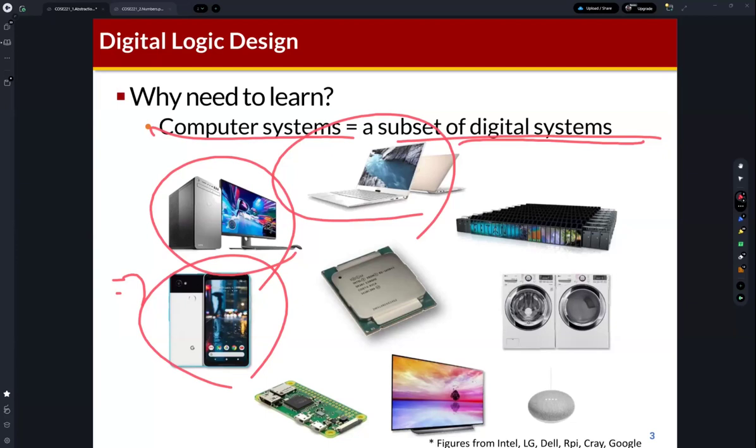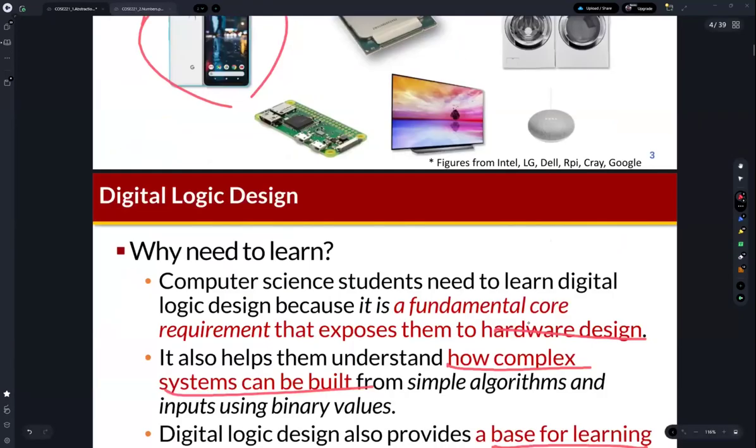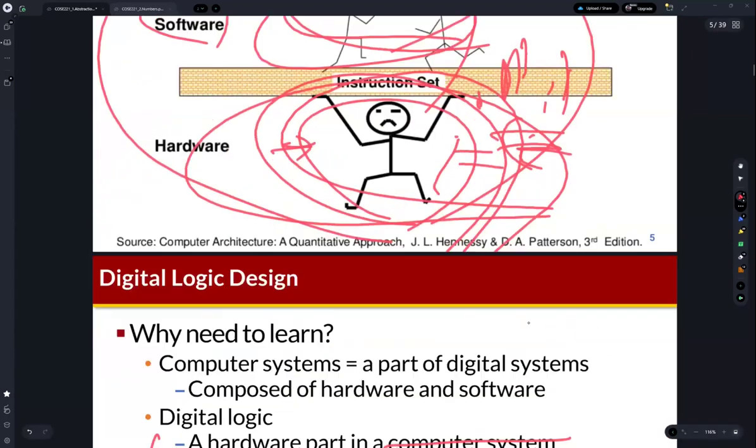And these processors are also digital devices. It means CPUs or GPUs handle digital signals, right? So that's why we are learning digital logic design. This is the basic part of digital hardware design, right? That's what I explained in the previous class.